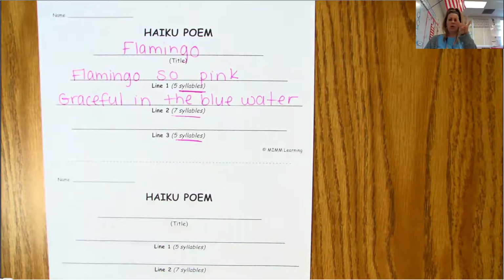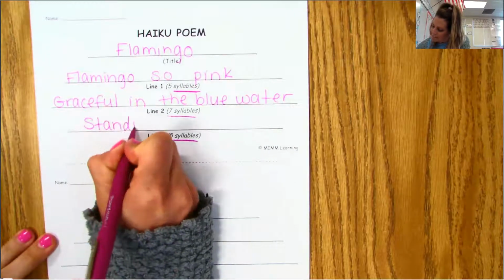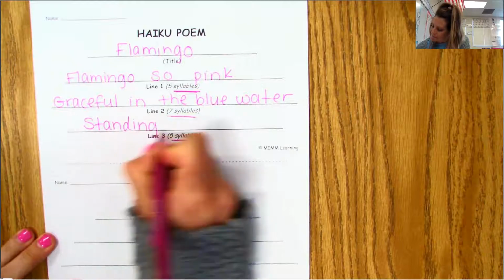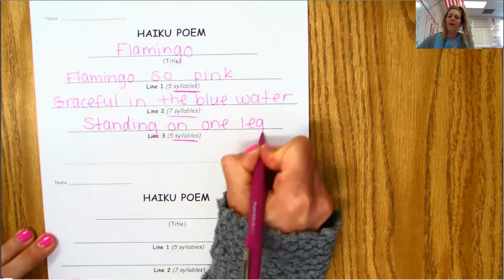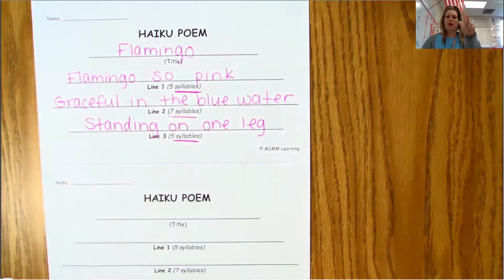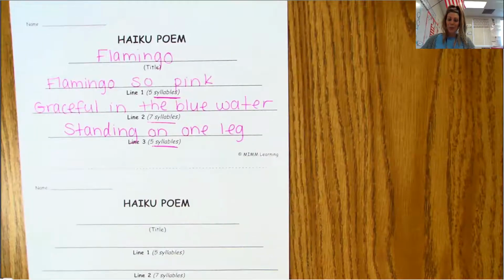No, it's like 4. Oh, standing. Let's try that. Standing on one leg. 5. So 5 syllables, standing on one leg. Yep. All right. So that, my friends, is a haiku poem.